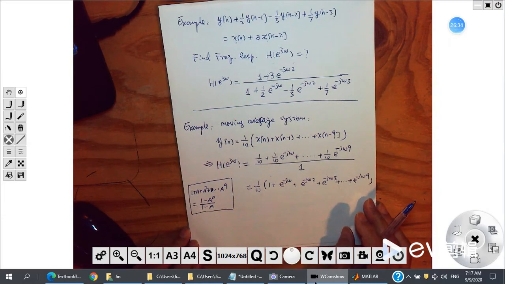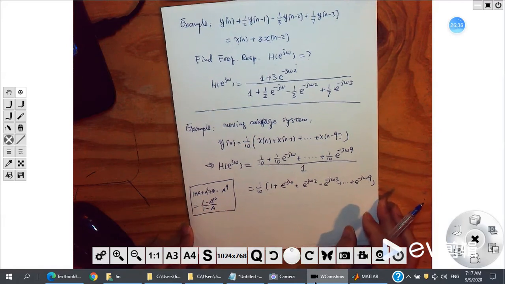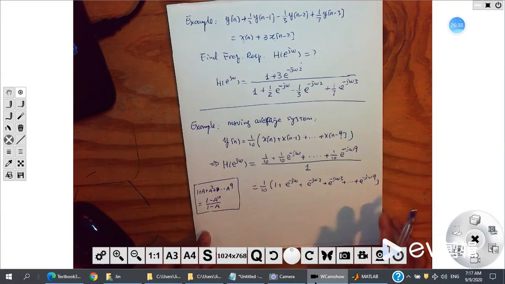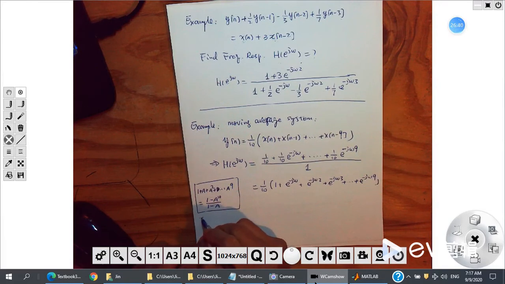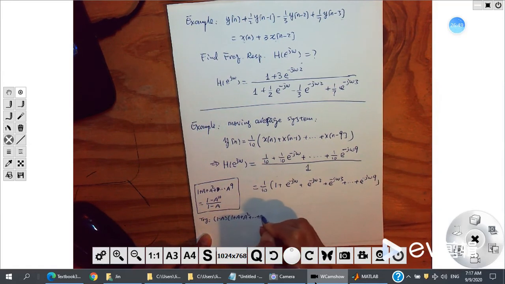And if you are not sure what it is or how to get it, you can just try this. 1 minus a times 1 plus a plus a squared up to a to the 9th equals what? 1 times all of these, right?